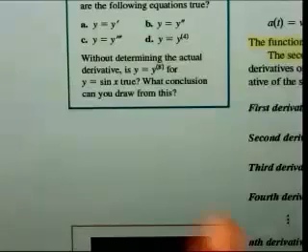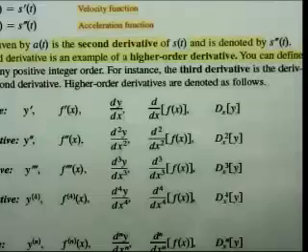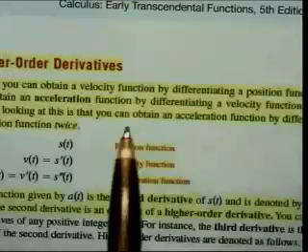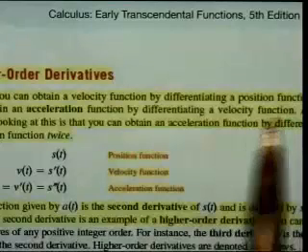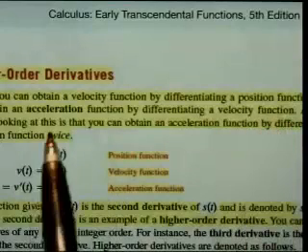The other thing I wanted to show you is what I just said. Just as you obtain the velocity function by differentiating a position function, if you take the derivative of the velocity function, you get the acceleration function.